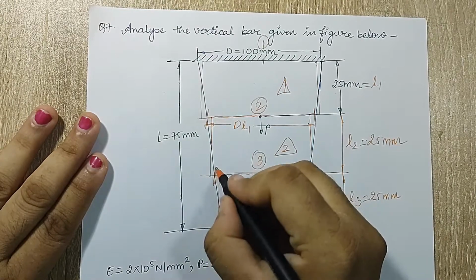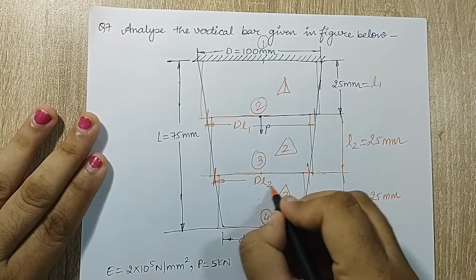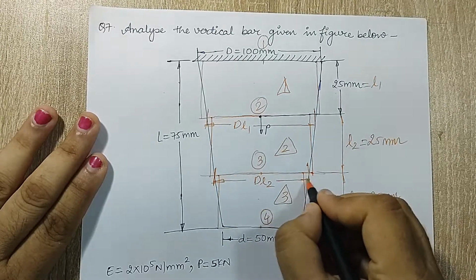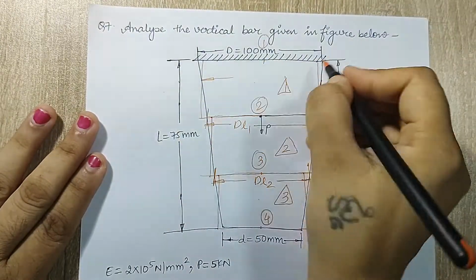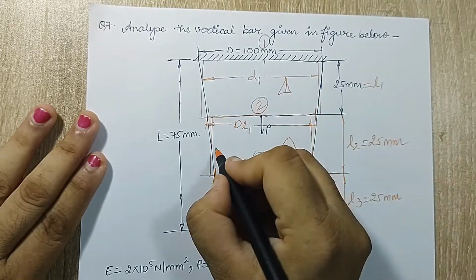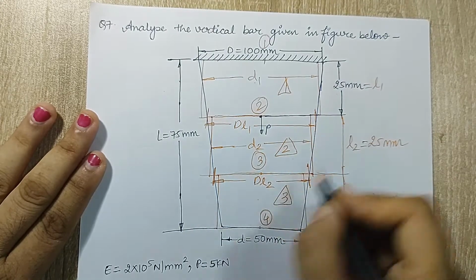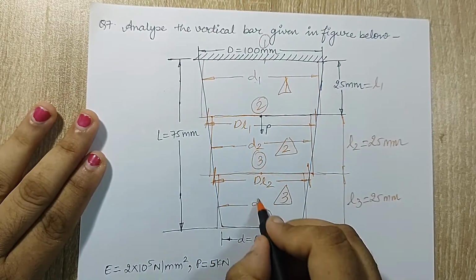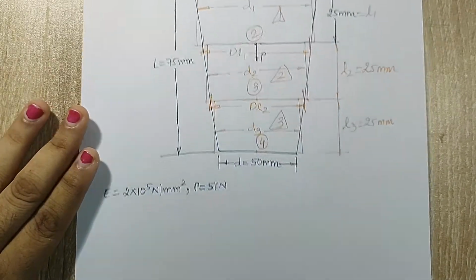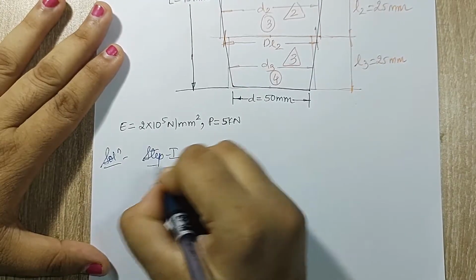Now I need to mark another diameter here, which will be DL2. The diameter of this first step bar will be D1. For the second step bar it will be D2 and for the third step bar the diameter will be D3. Now next I am going to draw the discretization diagram. So my step 1 is discretization.